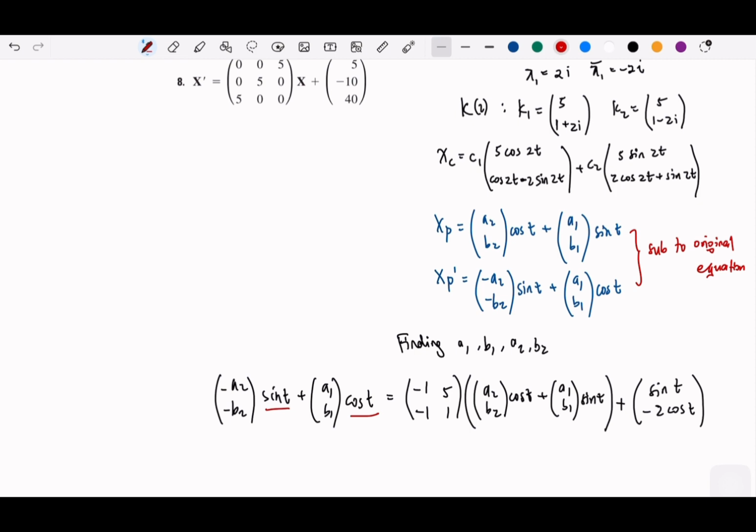So we are going to have 4 equations. And finally, we can write the general solutions if we get a1, b1, a2, b2.